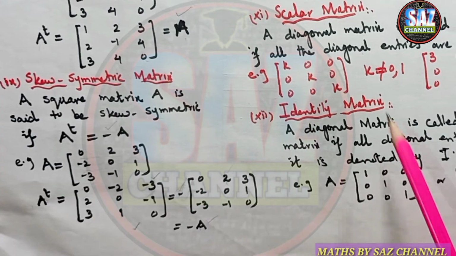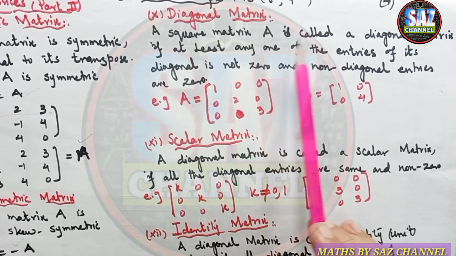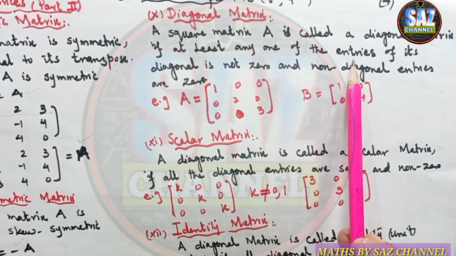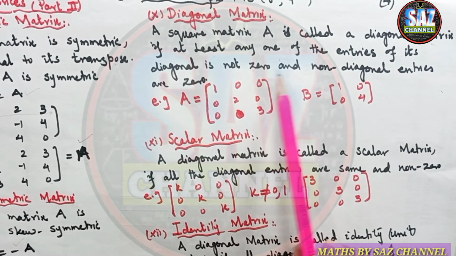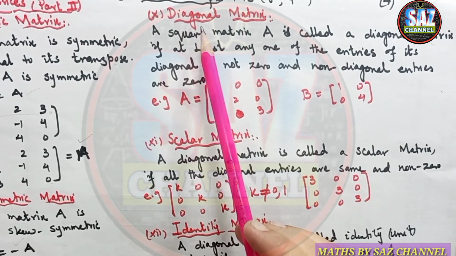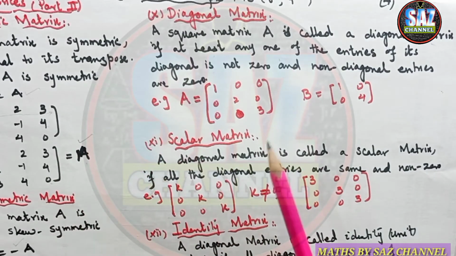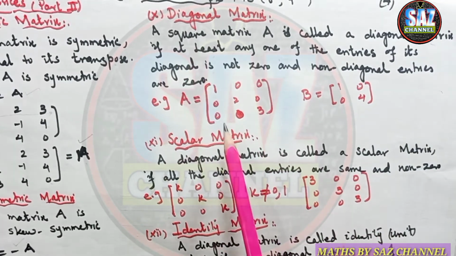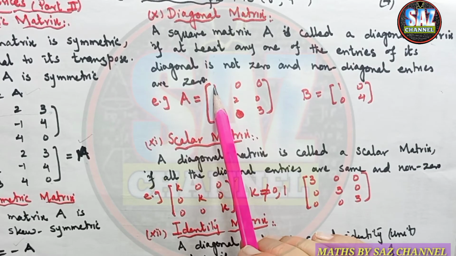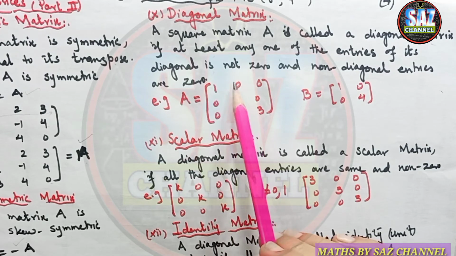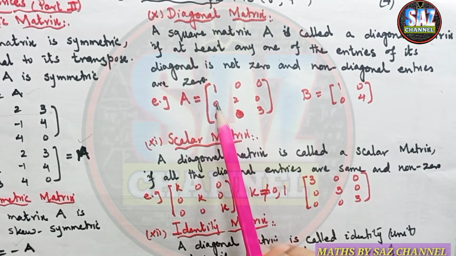Coming to the diagonal matrix, a square matrix A is called a diagonal matrix if at least one of the entries of its diagonal is not 0 and the non-diagonal entries are 0. So we can see that for the symmetric, skew symmetric and diagonal matrices, the matrices must be square matrices, and when a matrix is a diagonal matrix, at least one of the diagonal entries should not be 0 and the rest of the non-diagonal entries have to be 0.